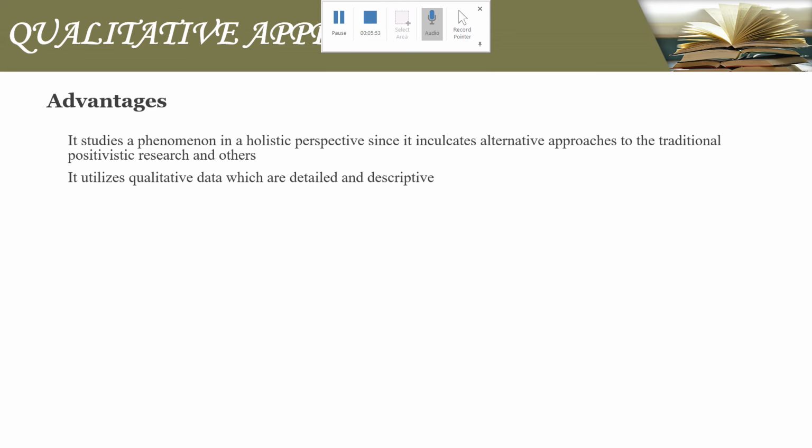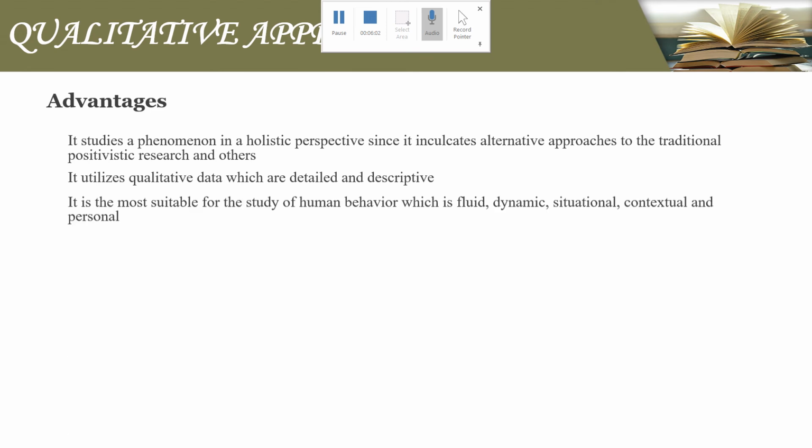It utilizes qualitative data which are detailed and descriptive. With this, you'll be able to study a phenomenon or a case in depth. Then it is most suitable for the study of human behavior, which is fluid, dynamic, situational, contextual, and personal.